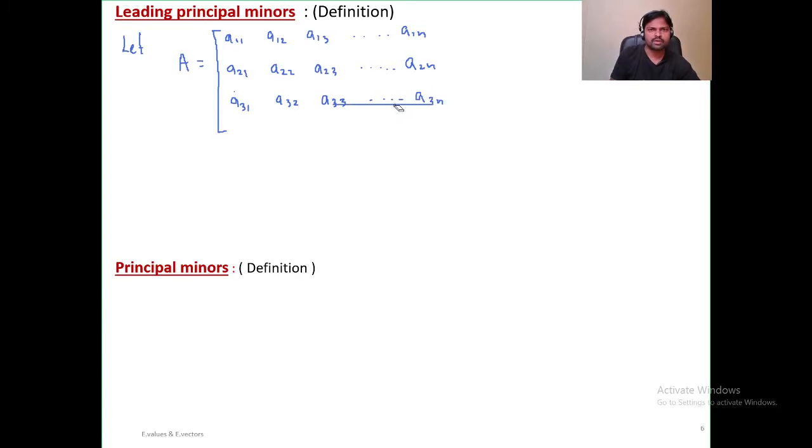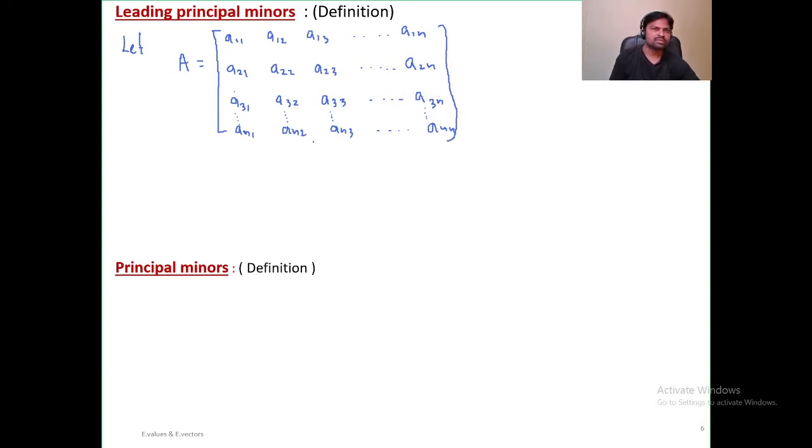I am taking an n by n matrix. The order of this matrix is n by n, right?